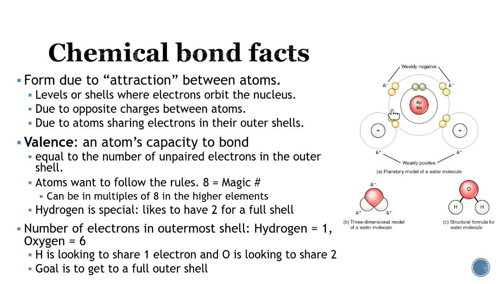So what happens is this oxygen is going to share 2 of its electrons with 2 different hydrogen atoms, and they're going to share their hydrogen electrons. Ultimately, these 2 hydrogens are content because now they have their 2 electrons in their outer shell. And in the water molecule, the oxygen is content because he now has 8. I made him a boy just for today.